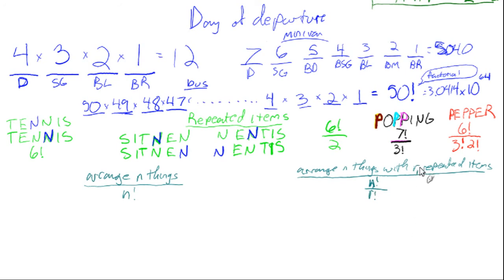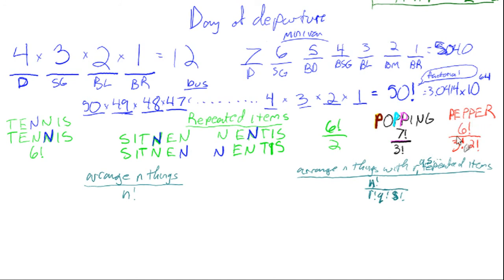Or if you also have q and s and so on, you do r factorial times q factorial times s factorial. And we just keep doing this for every repeated item that we have, right?